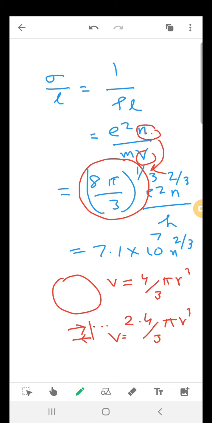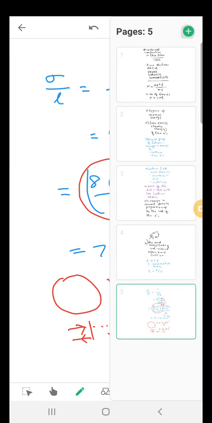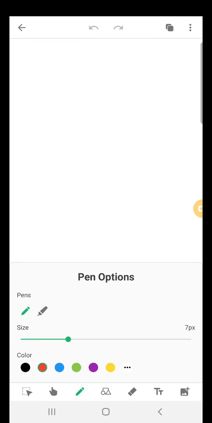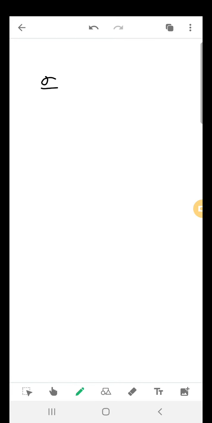So that's how we are getting 8 pi by 3, and other quantities are remaining the same, or the mass of the electron. And also we can say that sigma by L is equal to e square by 6 pi square into A by h.